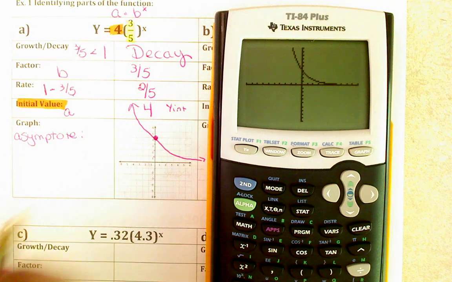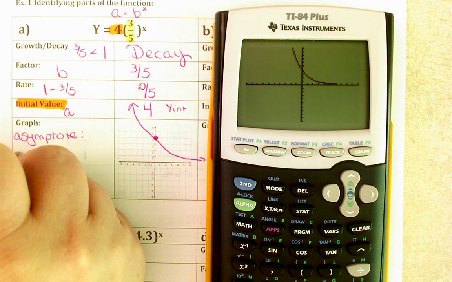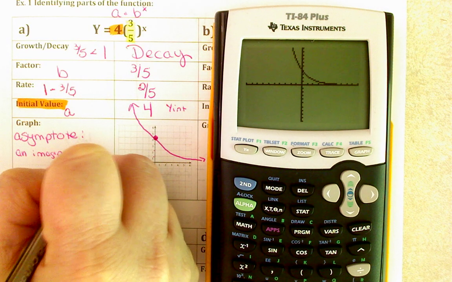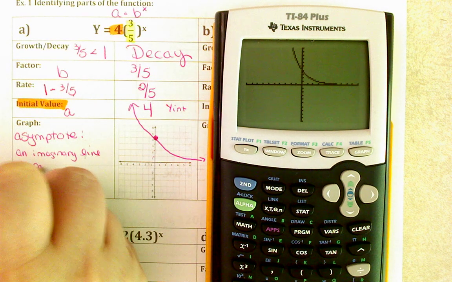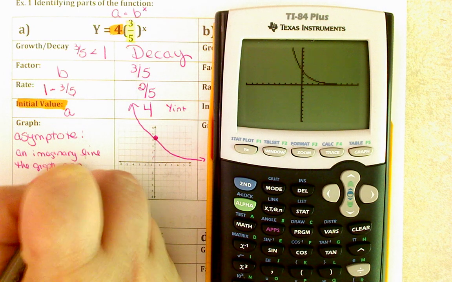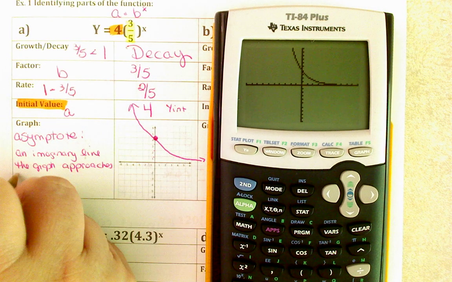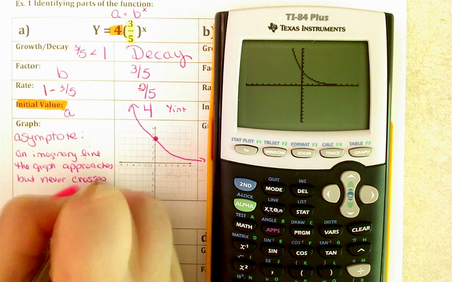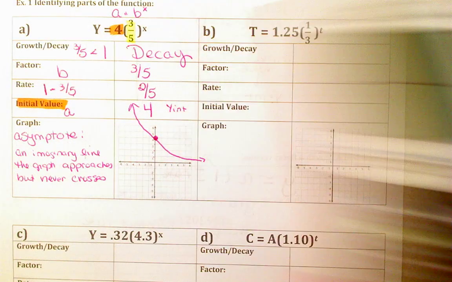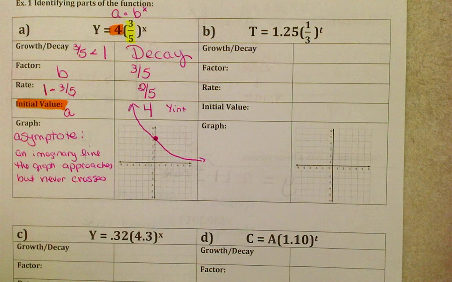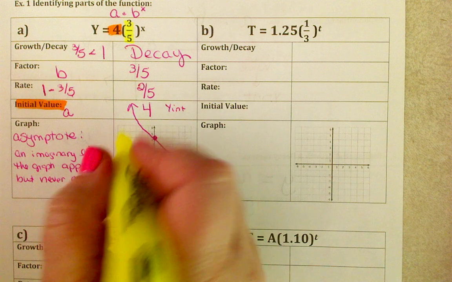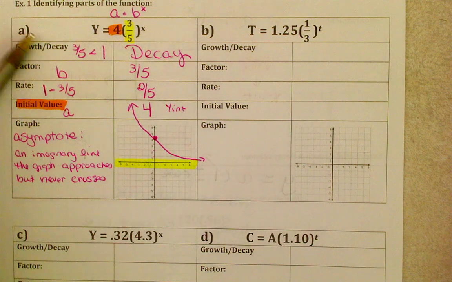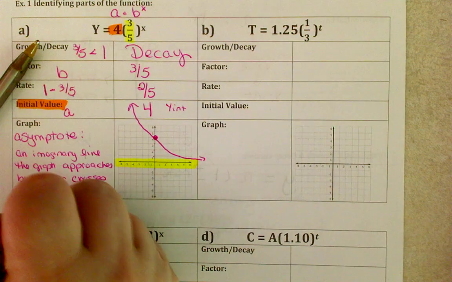An asymptote is an imaginary line the graph approaches but never crosses. And for all the ones that we're looking at today, your asymptote is going to be your x-axis.